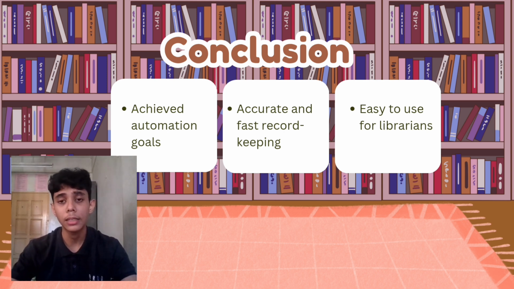It is also easy to use for libraries, when people don't want to rush or go to any place, they can use a system to key in the data of the book they borrow or return.